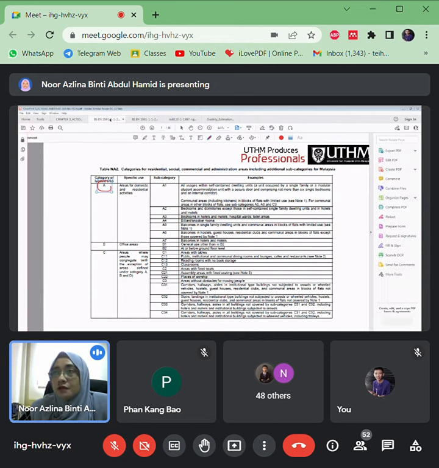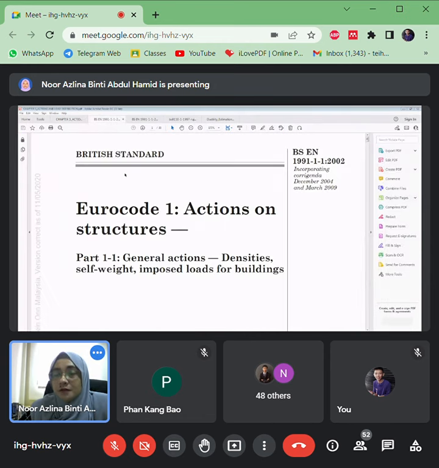If I give an example here, okay, can you see I change this to the other slide? Nampak tak? Nampak. Okay, so this is a Eurocode that you need to refer. So I believe some of the students already print out all the standard code.